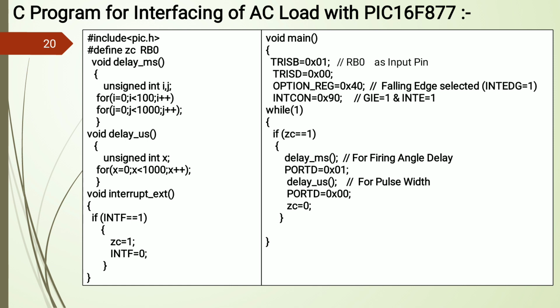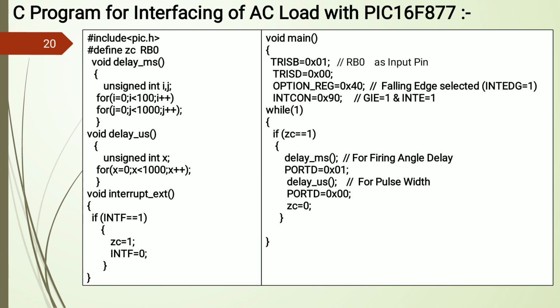So the first pin from port D is activated for some duration, that is the pulse width duration. Here we define delay in microseconds, and after that we deactivate port D. So PORTD is equal to 0x00, and after that you should clear ZC, that is ZC is equal to 0.